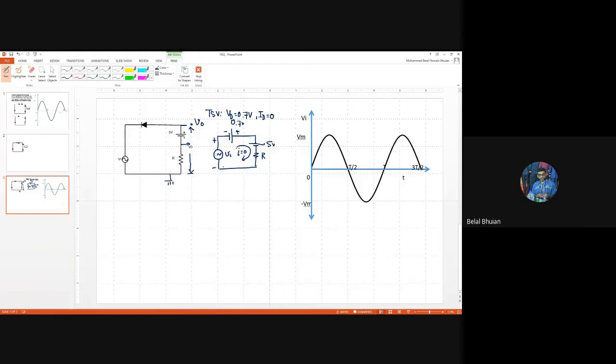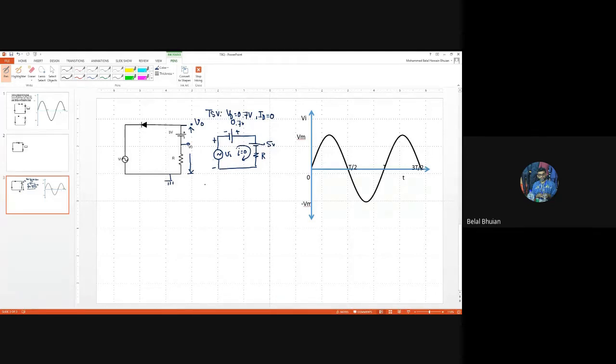That's what we should always do, although we know Vi has positive as well as negative values, and I don't know at what value of Vi we are going to have transition. Accordingly, we're going to apply KVL.